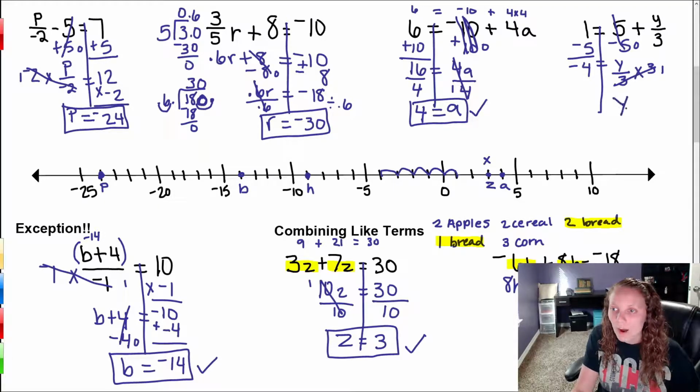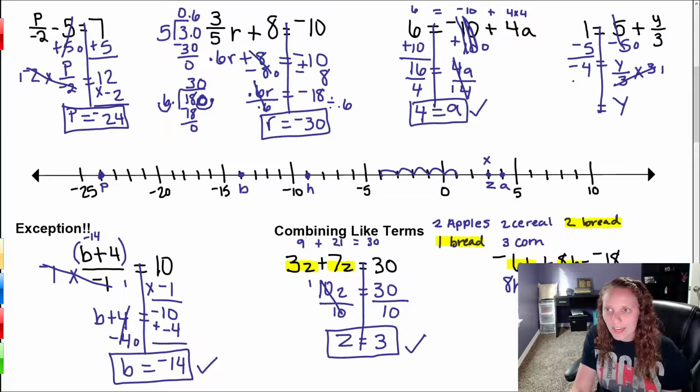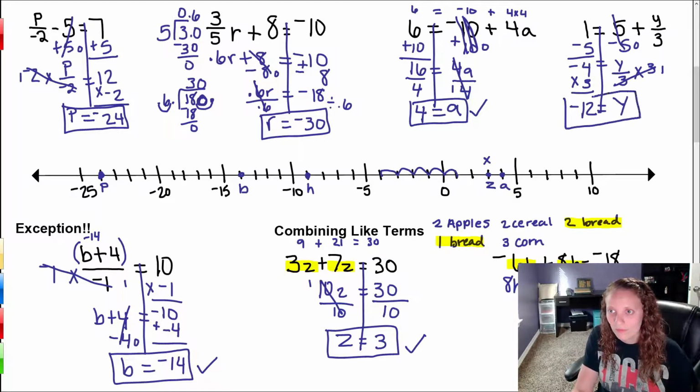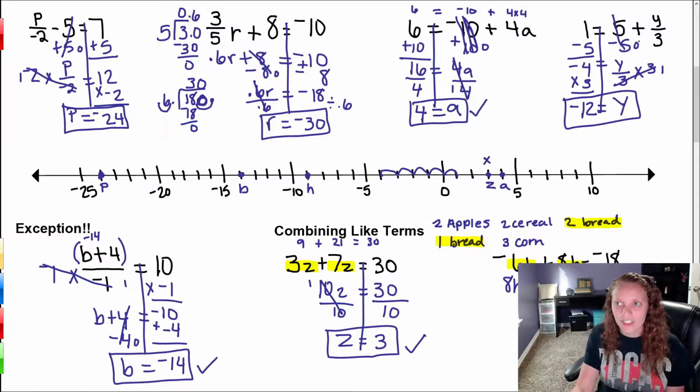And we have a y left over here equals, and since we multiply by 3 on the right side, let's multiply by 3 on the left. Negative 4 times 3, a negative times a positive, the signs are different, so our answer is negative 12. Okay, let's check and see if we got the right answer.